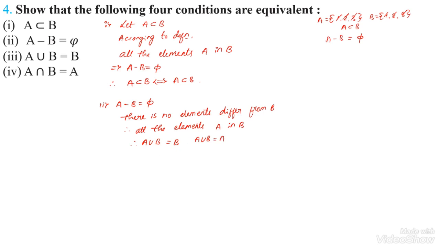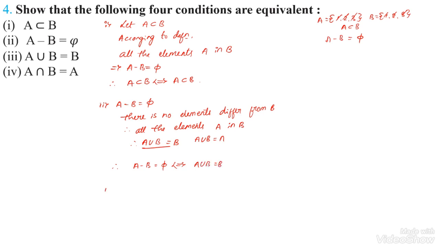Now here the result 3-1 is necessity. Therefore, A minus B is equal to the null set is equivalent to A union B is equal to B.